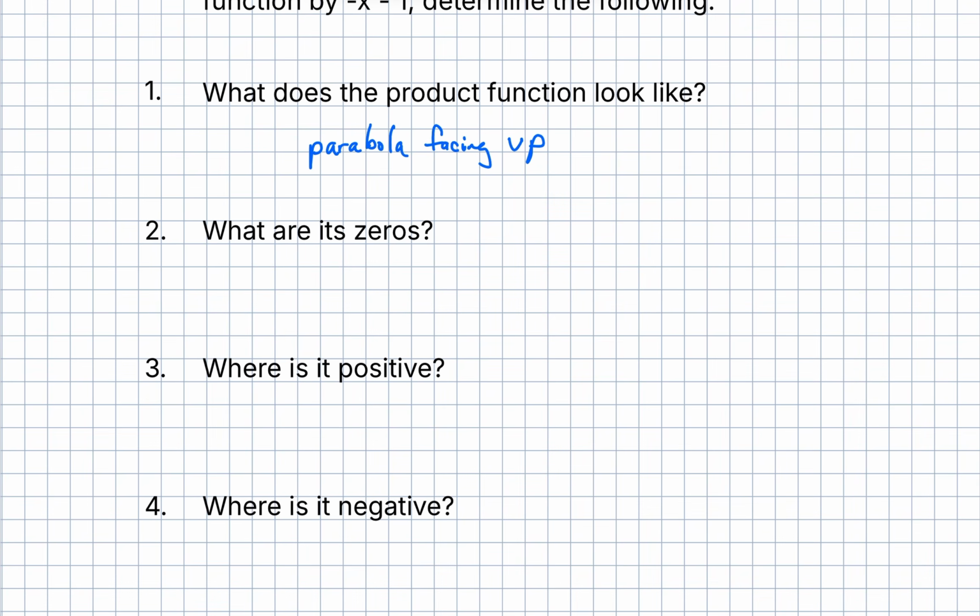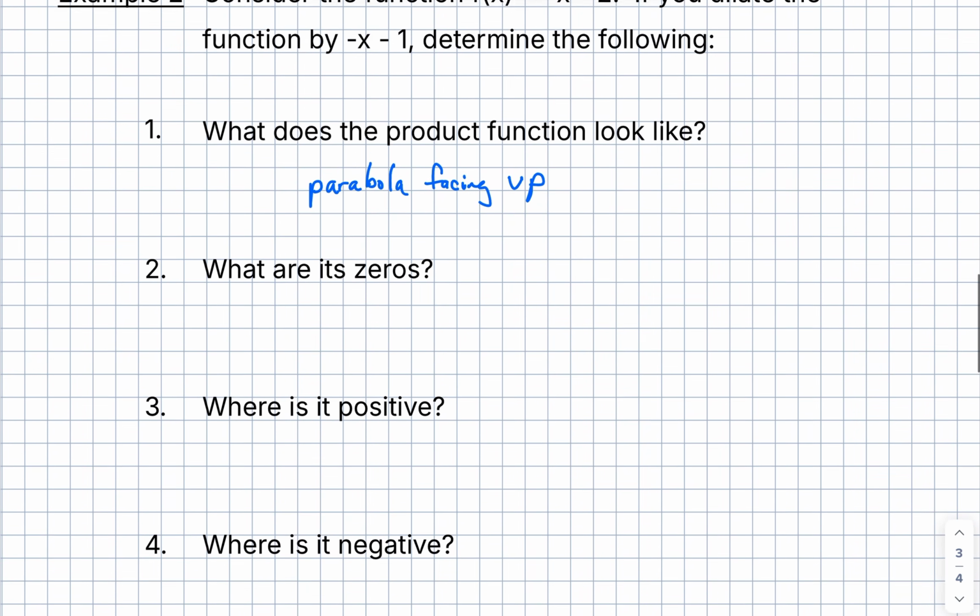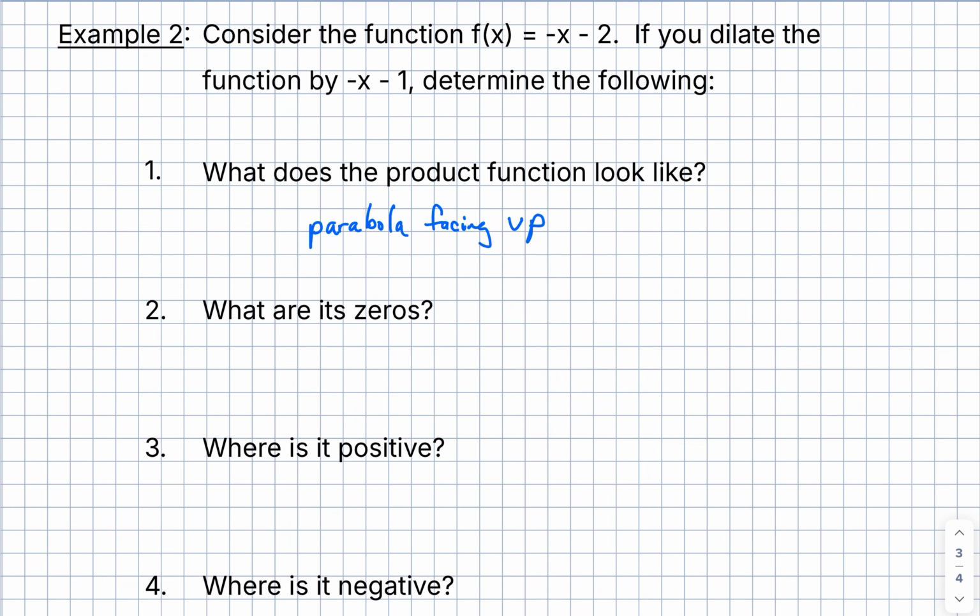Okay? Now remember, if you can't determine that, we would set each of these functions equal to 0 and solve for the x's. Okay? So we would have negative x minus 2 is equal to 0, and then we also have negative x minus 1 is equal to 0. And if you were to solve for x, we would add x to both sides.